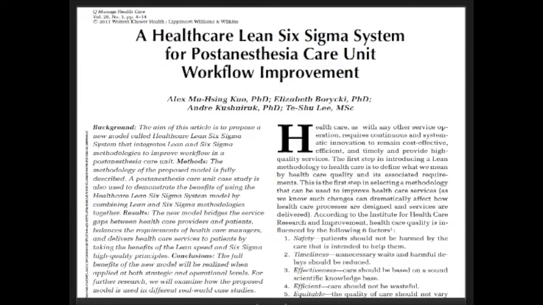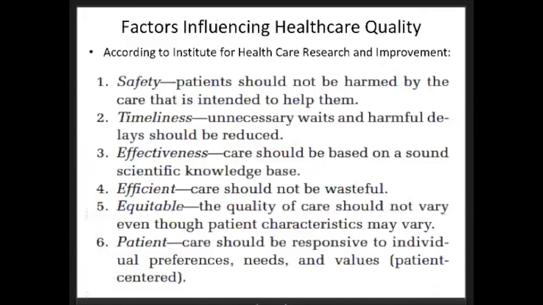Now, the next one is Healthcare Lean Six Sigma system for post-anesthesia care unit workflow improvement. So this is an example, a case study at a certain healthcare organization. And this one provides an example of how they went through it and what advantage they received.